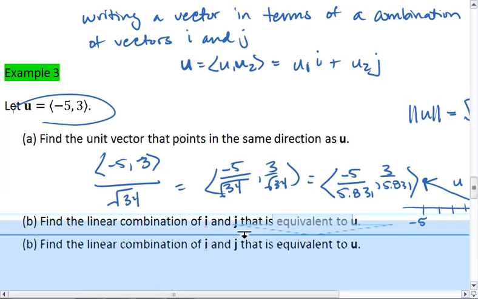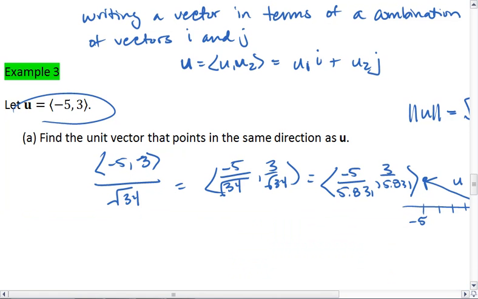Or, if you really prefer it, you can actually find what those numbers are. So negative 5 divided by 5.831, or negative 5 divided by root 34, either way, should give you approximately negative 0.857, and 3 divided by root 34, or 5.831, is 0.514.